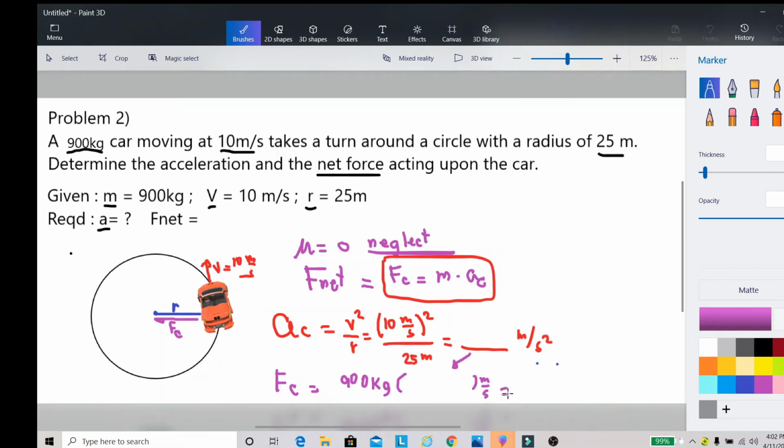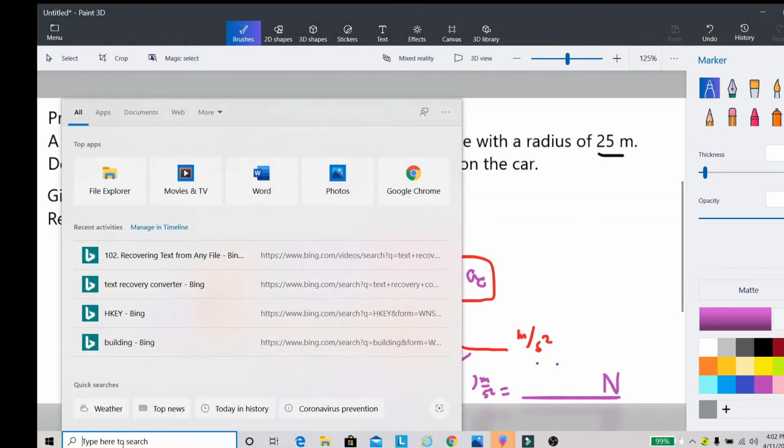Therefore, ang ating magiging unit will be kilogram meter per second squared. Ating magiging unit is in Newton. So let us grab a calculator.